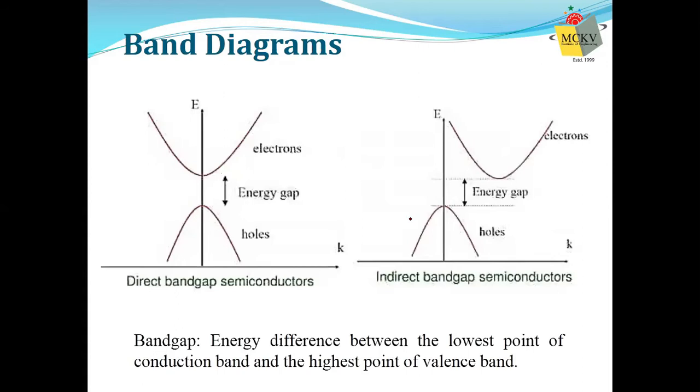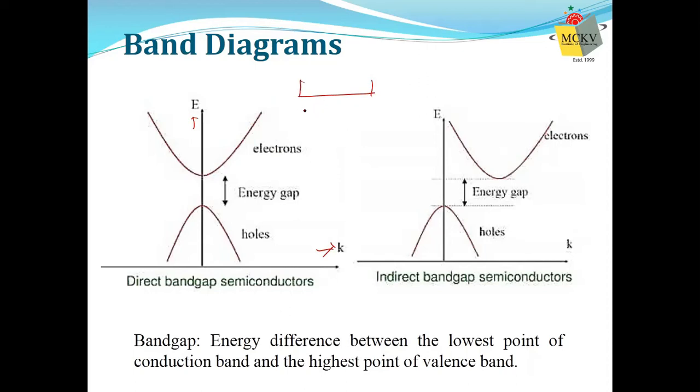In case of direct band gap or indirect band gap semiconductor, this is the energy or E-K diagram, energy with K, the propagation constant. That means energy is plotted along the y-axis and propagation constant is plotted along the x direction. In that case, you observe that it is not flat.